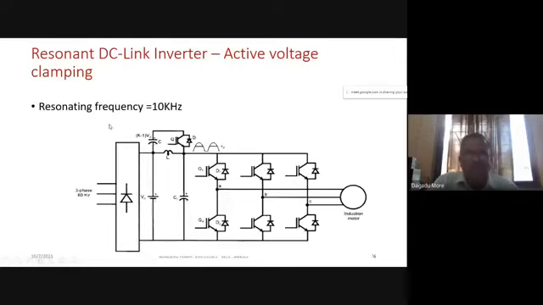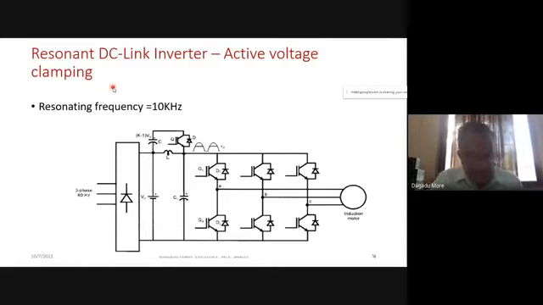So we were discussing the resonant DC link inverter, and why active voltage clamping is required. What is the purpose? For protection.